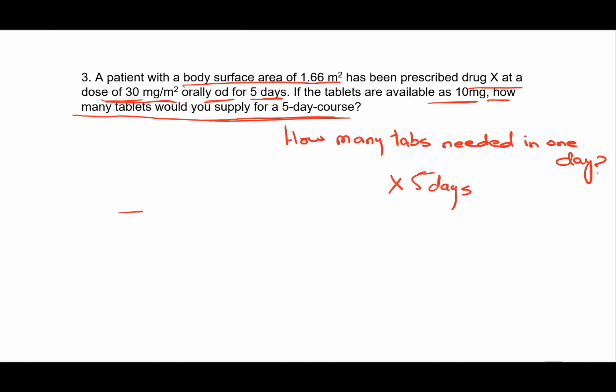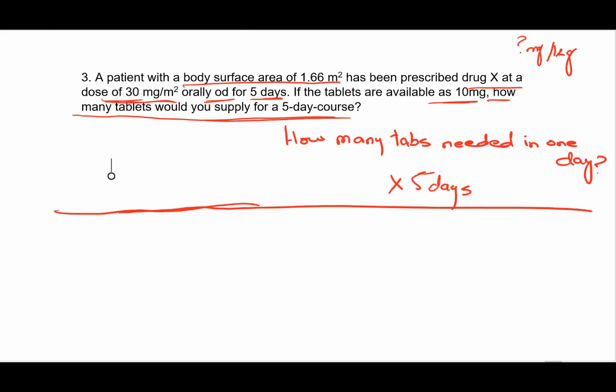As I said before, for some drugs the doses are based on the weight. For example, that would be something like milligrams per kg. That's an example of a dose based on the weight. But here we have a drug which is dosed as milligram per meter square. So it's one of the drugs which has the dose based on body surface area.